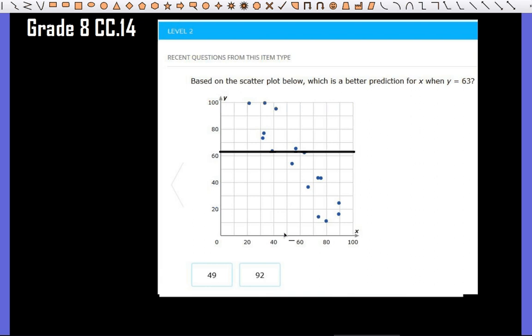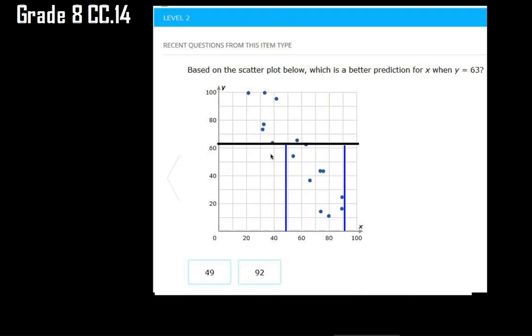So it would be 49, let's do vertical, 49, or would it be 92? Where's 92? It'd be right here. So what has more points? Well, we can see it's a little bit easier. There's more points in this area or that intersection versus this intersection.